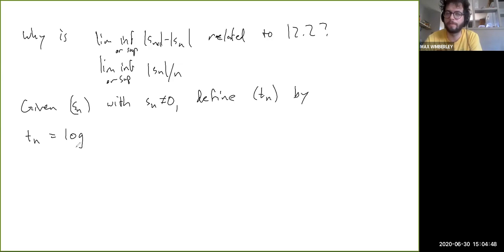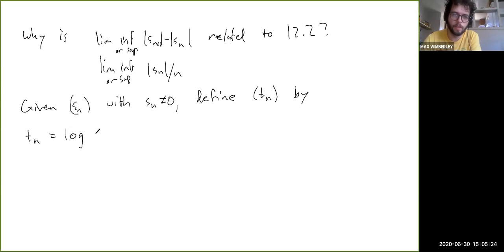I know we haven't defined the logarithm, but obviously it still exists. I'm just using the logarithm as a way of analyzing the relationship between differences and averages versus quotients and nth roots. I'm using it to illustrate why these two concepts are related, not to prove the theorem, because we haven't defined it.